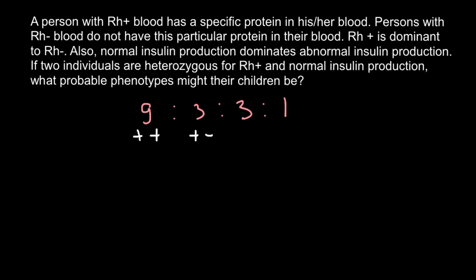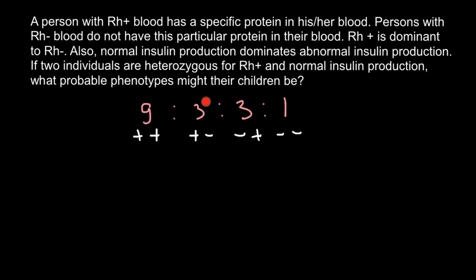Also, we are going to have a ratio of 3 people who have negative Rh factor but would produce insulin, and also we would have 1 out of 16 who is going to be Rh negative and also wouldn't be able to produce insulin.